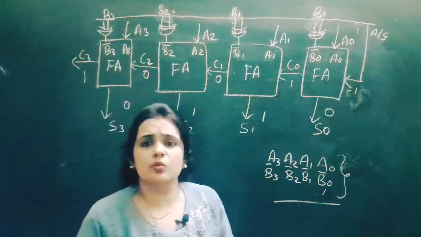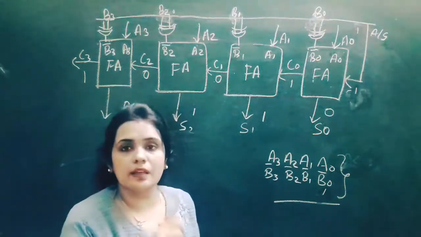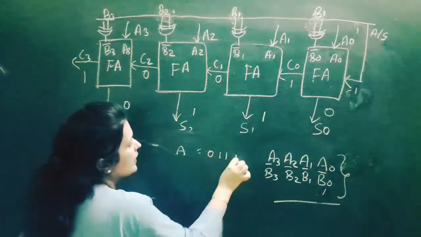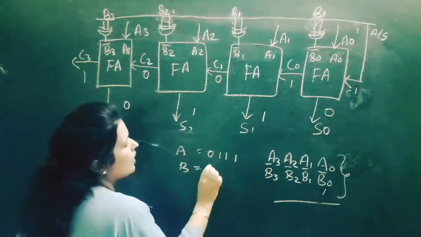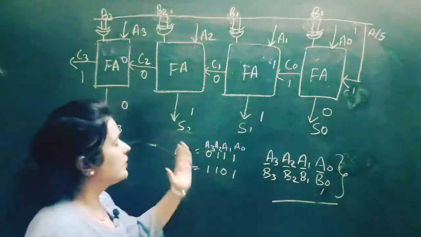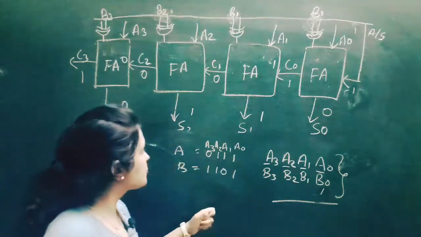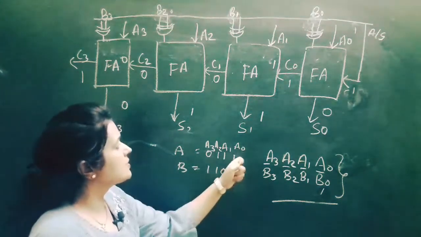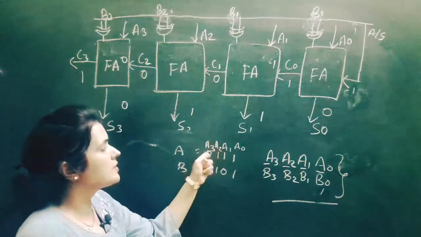You can verify by taking any example, but I am taking another example. Let us suppose our A is equal to 0111 and B is equal to 1101, and we want to perform subtraction of these two numbers. This is A0, this is A1, this is A2 and this is A3.